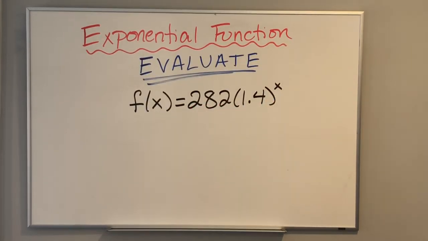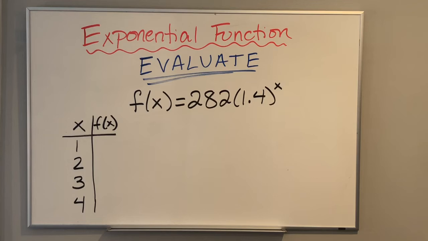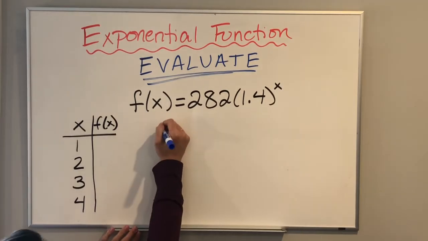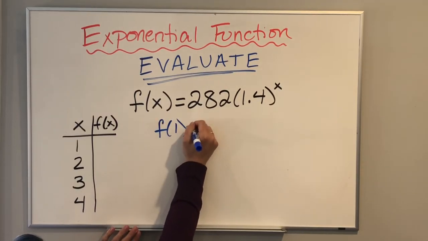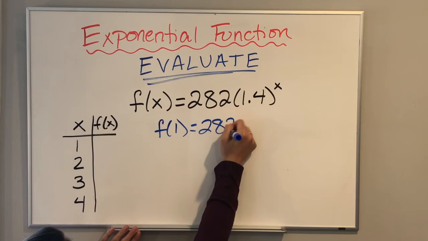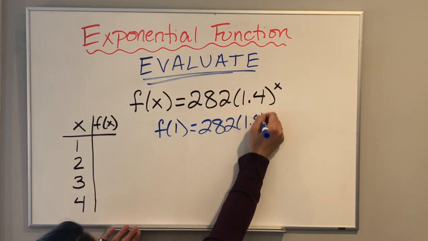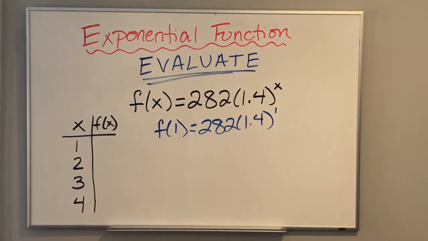Okay, so now I'm going to show you how we can evaluate this function, just like we would with any other function and function notation. If I wanted to evaluate how many people were affected by the coronavirus after one day, I would replace f of x with f of 1 and put 282 times 1.4 to the first power.